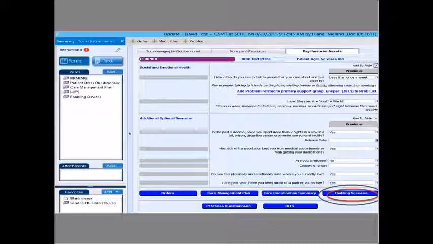AAPCHO has been working with some of the health center controlled networks and other vendors to build this into the electronic health record. So what you see on the screen is a template for GE Centricity, which was developed by the Alliance of Chicago. This is the PREPARE template that you see on the screen right now. If you look in the bottom right corner where it has the purple and the red circles, you'll see that there's an enabling services template.